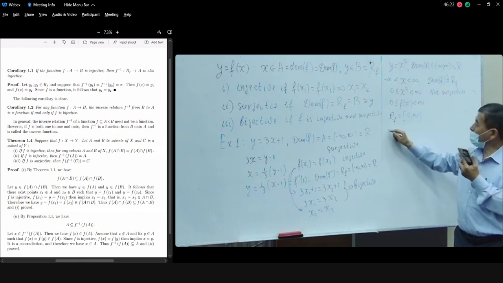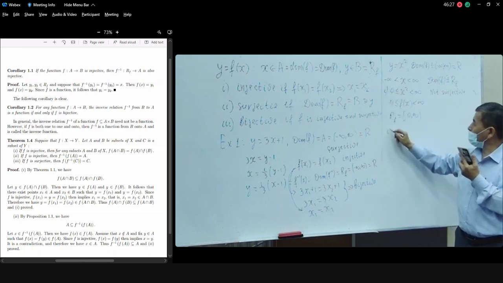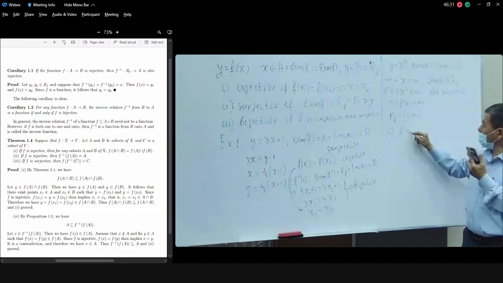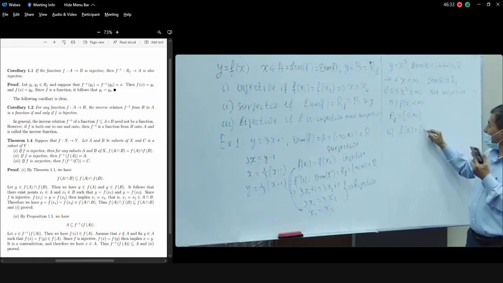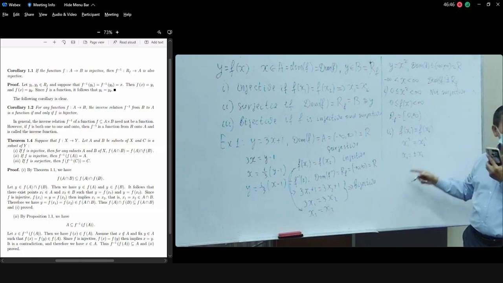Okay, I will check the second. This is the first one. Now the second one, injectivity. f of x1 equal to f of x2, which is x1 square equal to x2 square. So from here, I can get x1 equal to plus or minus x2 by taking the square root.